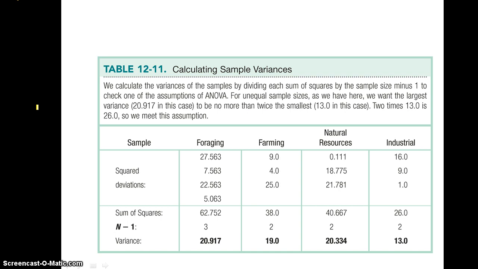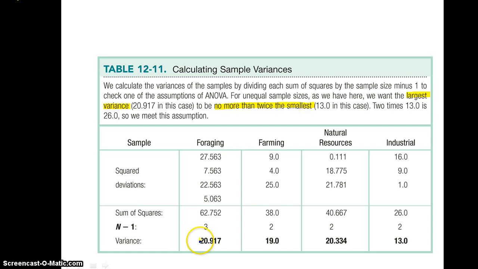So remember back in the beginning when we were talking about our assumptions, and we talked about the assumption of homogeneity of variance. So what we need to do is actually calculate the variances for each of our groups and make sure that our largest variance is no more than twice the smallest variance.